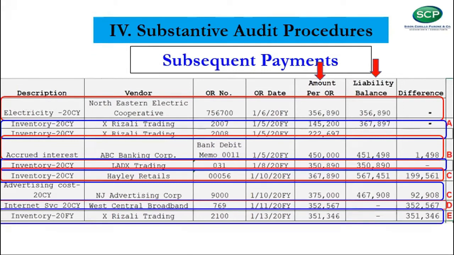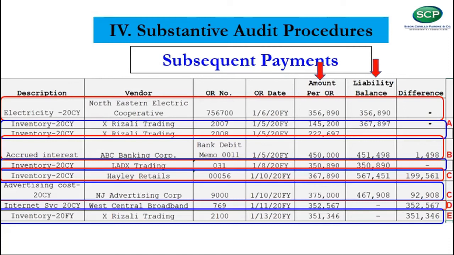Finally, a subsequent payment for 151,346 pesos was also made to ex-Rizali Trading for inventory purchase in 20 FY. This obligation was not included in the outstanding balance due to such supplier as of December 31, 20 CY.